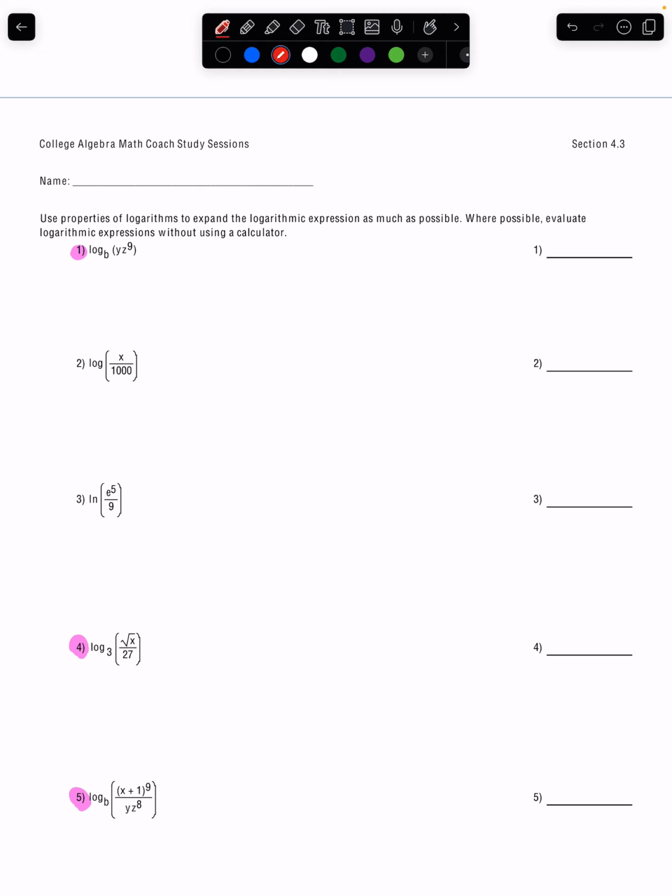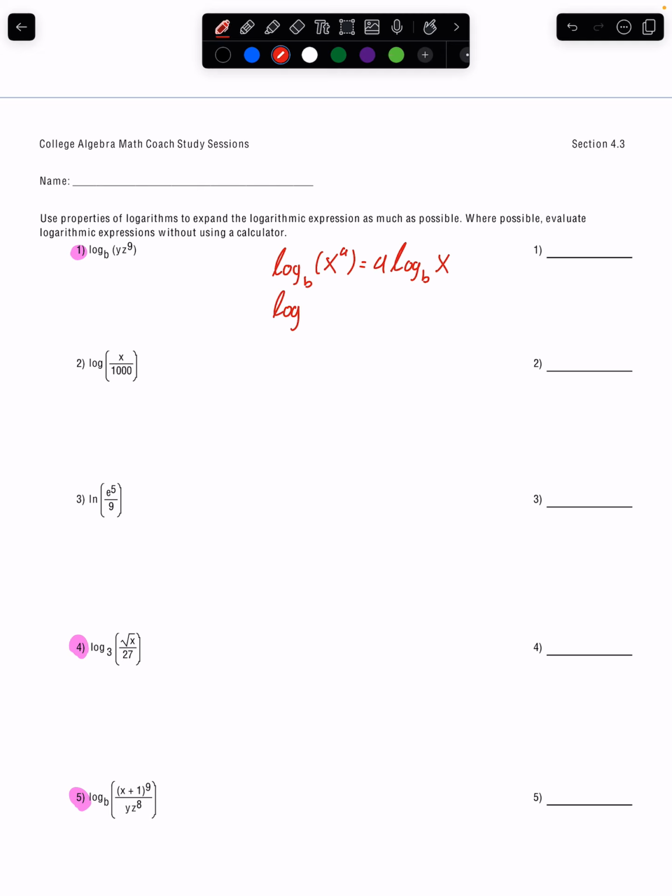If you have the log base b of x raised to the a, you can change that to a times log base b of x. These are just ways to rearrange things, but they're pretty helpful tips.